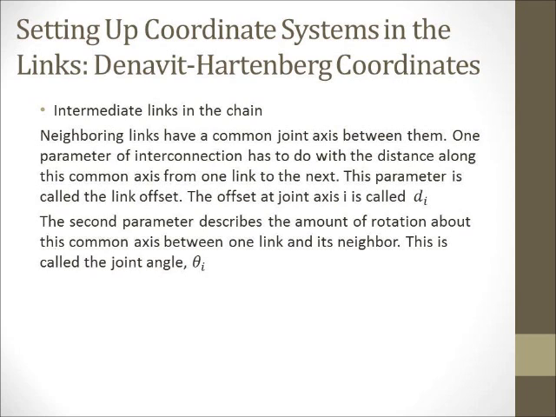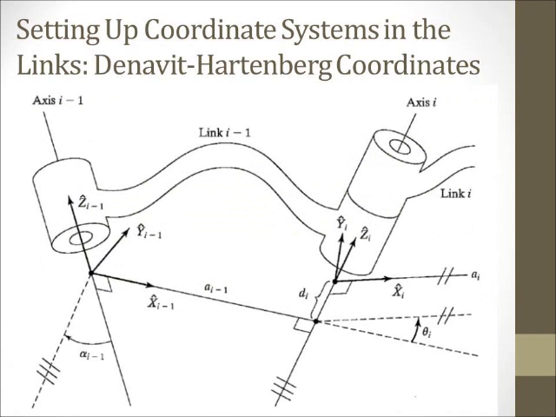We will see this in this picture, which is a link chain. In this figure, it is shown the interconnection of link i-1 and link i. Recall that a i-1 is the mutual perpendicular between the two axes of link i-1. Likewise, a i is the mutual perpendicular defined for link i.